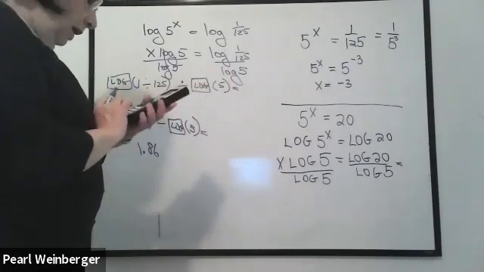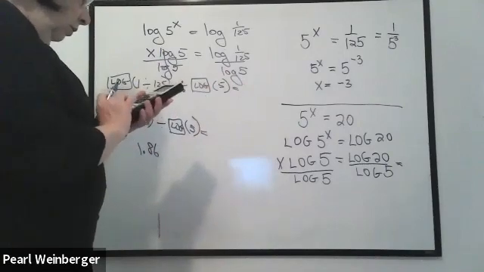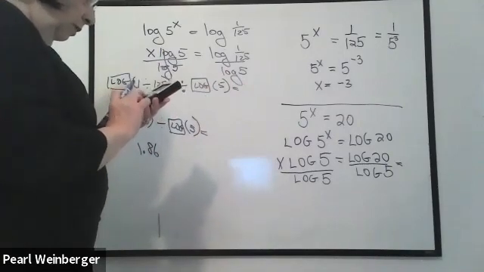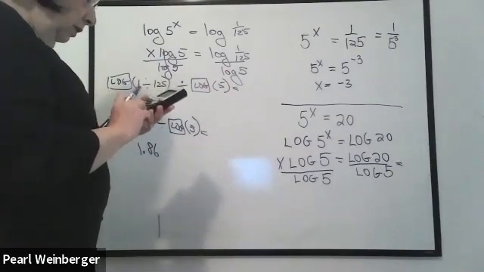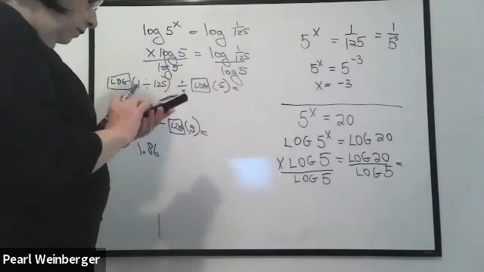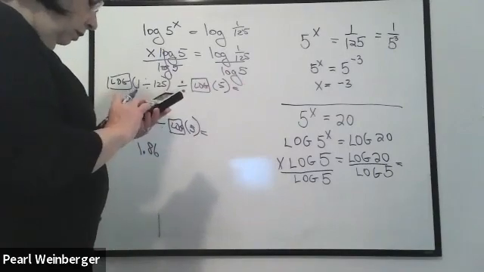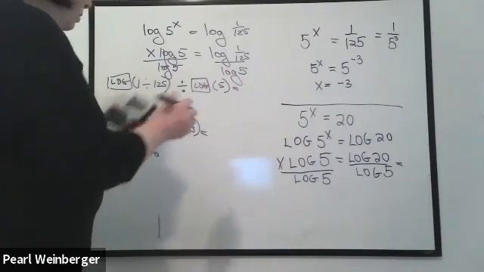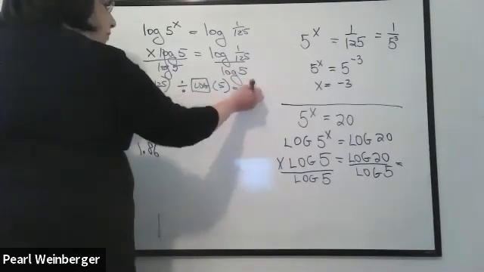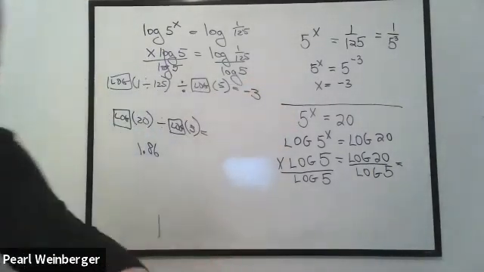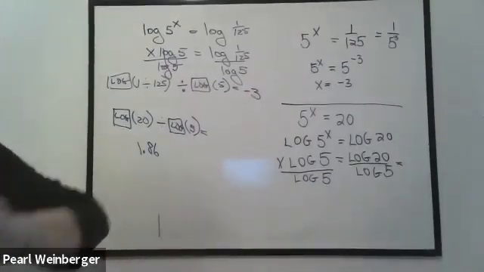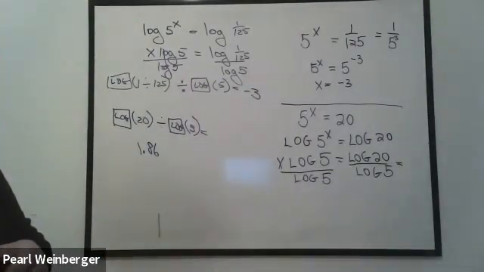And let's see what we get. Log 1 divided by 125, close parentheses, divide by log 5. And I press equal, I get -3, which is exactly the answer I got over here. So I'm able to solve that question using my calculator.